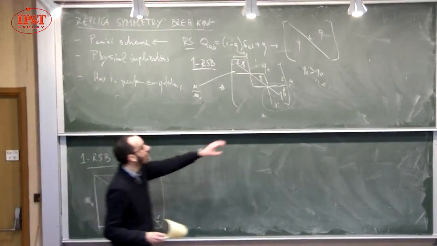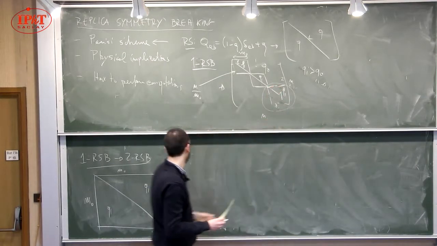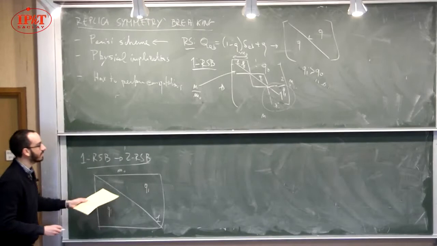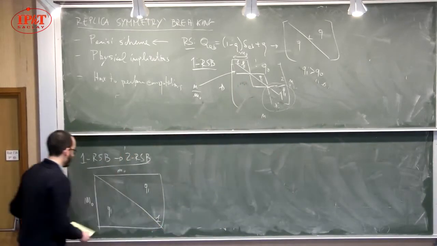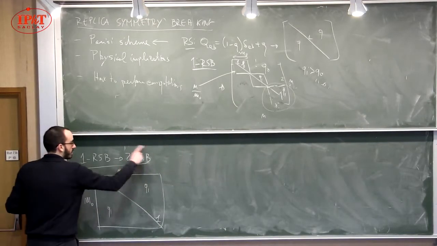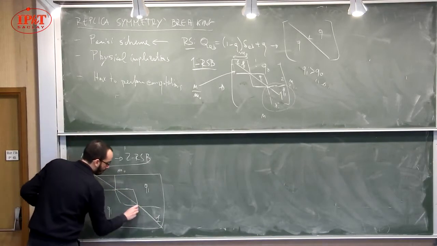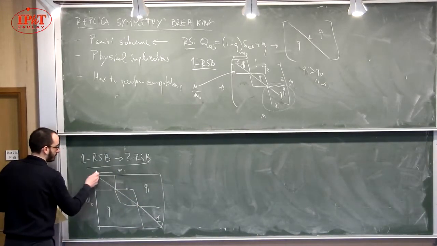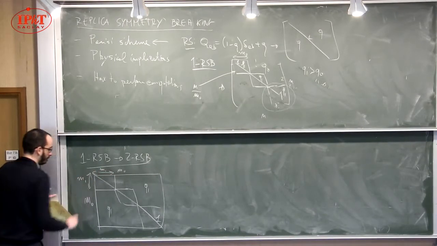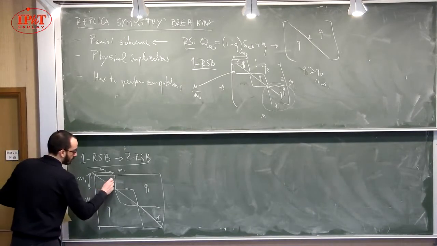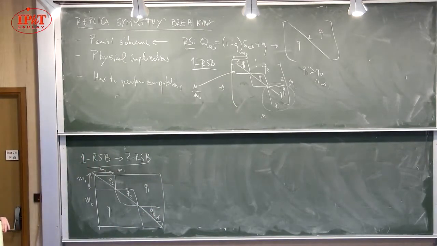So within this block, you have a kind of replica symmetric solution. Now what you do is that within this block you repeat exactly the same procedure that we have done here. In order to obtain the 2RSB ansatz, you introduce diagonal blocks of size m1, and here you put q2.